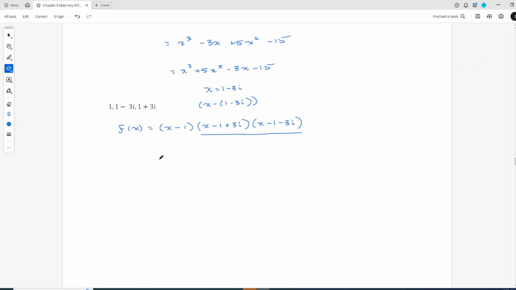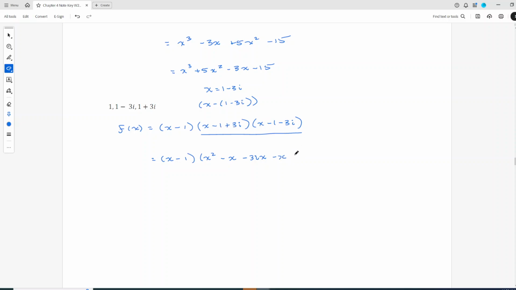Now it's 3 terms times 3 terms. So we're just going to go through and do it. We've got x times x, which is going to give me an x squared. I have x times negative 1, which is going to give me negative 1x. I have x times negative 3i, so it's going to give me negative 3ix, or negative 3xi, whatever you want to write. And then I'm going to multiply the negative 1 through. Negative 1 times x is negative x.